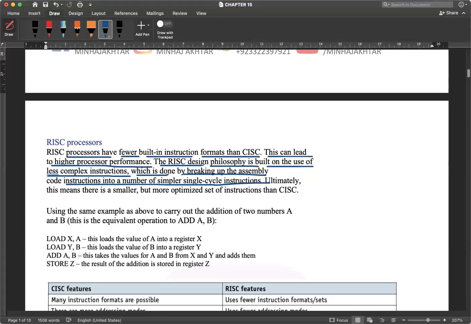So the RISC processor works on the same thing. They break the complicated assembly codes into small instructions. And that is the reason they work faster. Ultimately, this means there is a smaller but more optimized set of instructions than CISC.